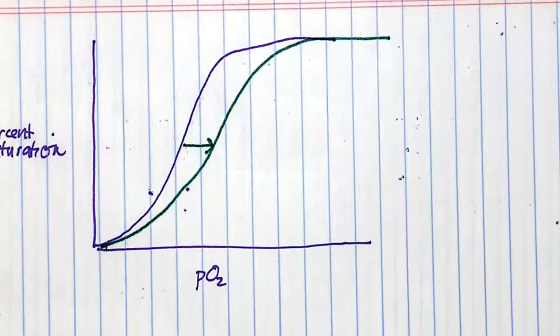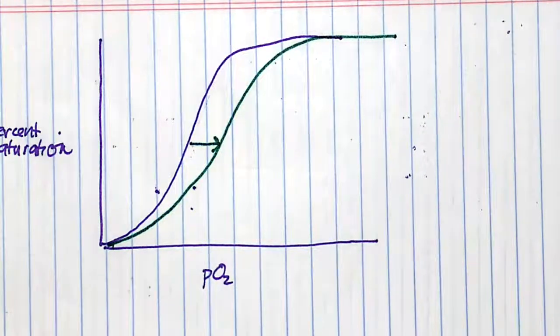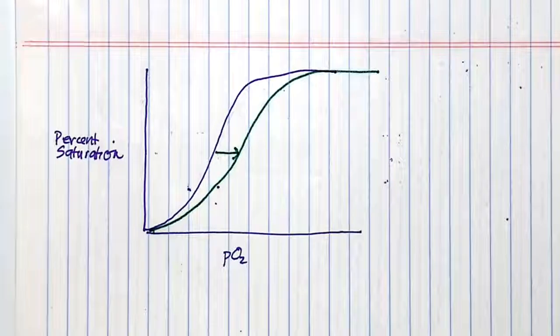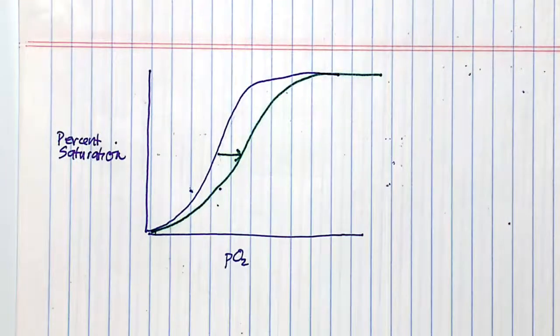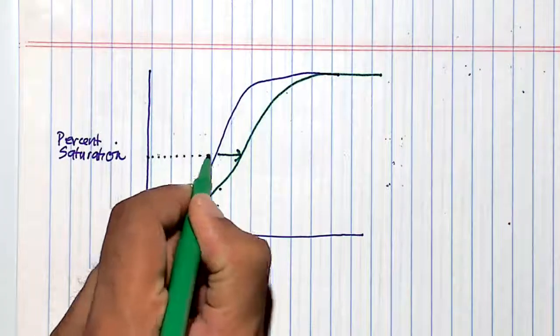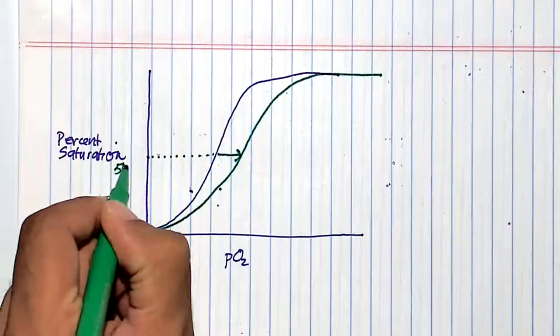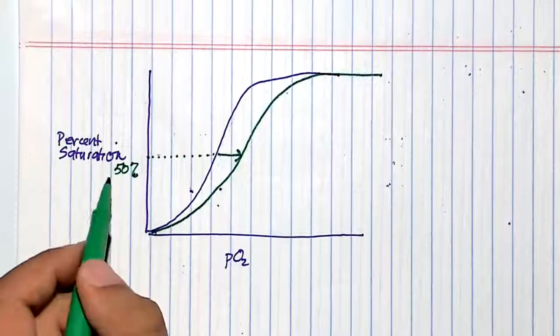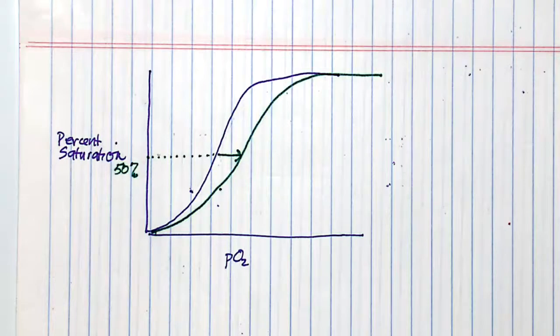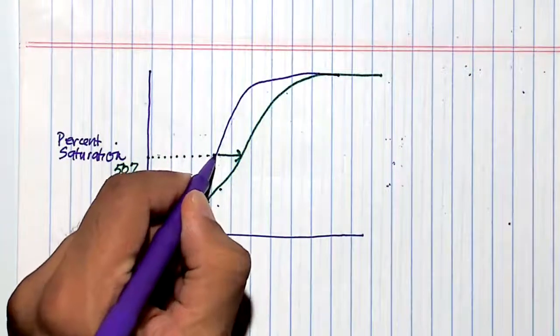When it shifts this curve to the right, what happens to the affinity of oxygen for hemoglobin? We look at the 50% saturation mark. This is 50% oxygen saturation without any allosteric effectors, in purple.